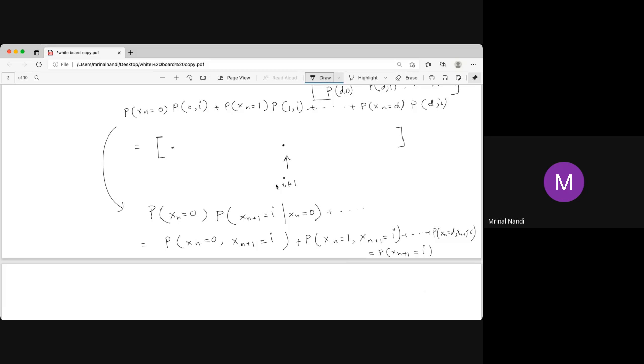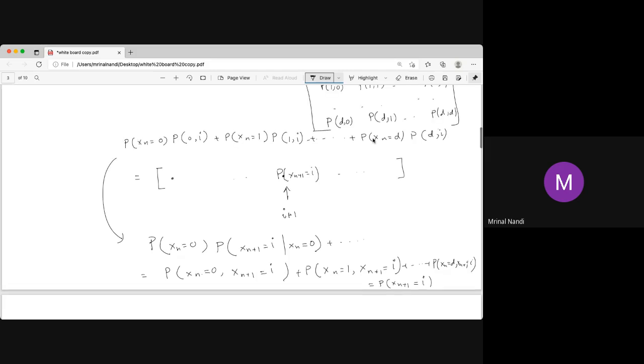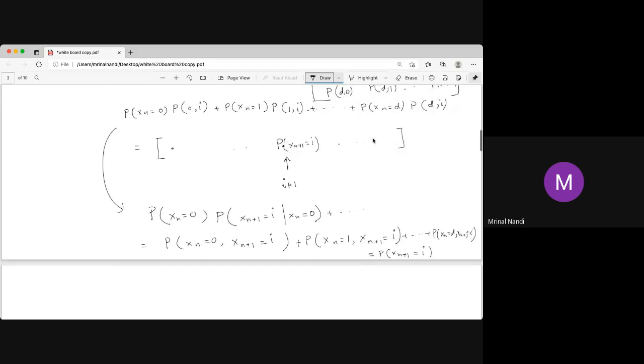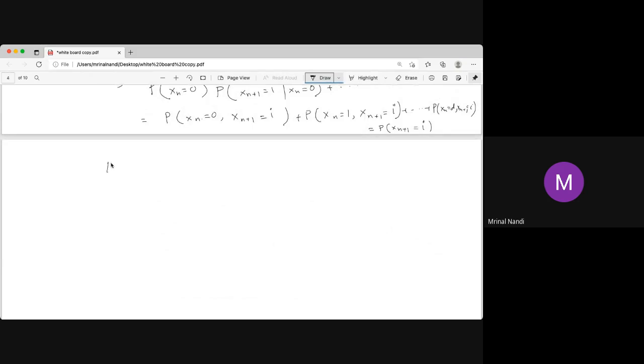So your ith element is the probability of xn plus 1 equal to I. That means this vector pi n p is nothing but pi n plus 1.